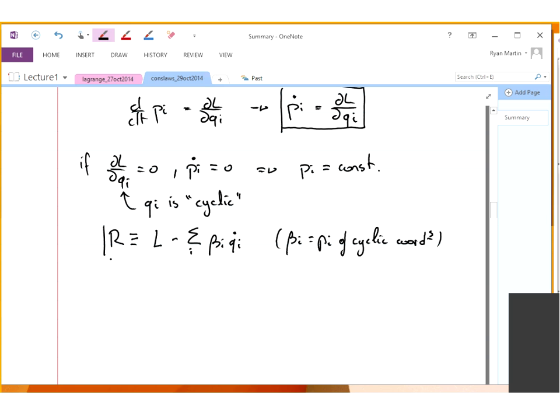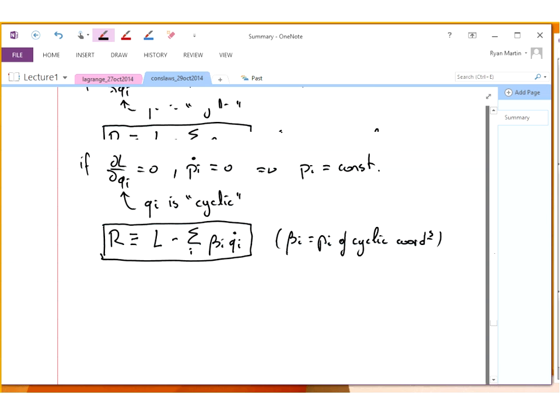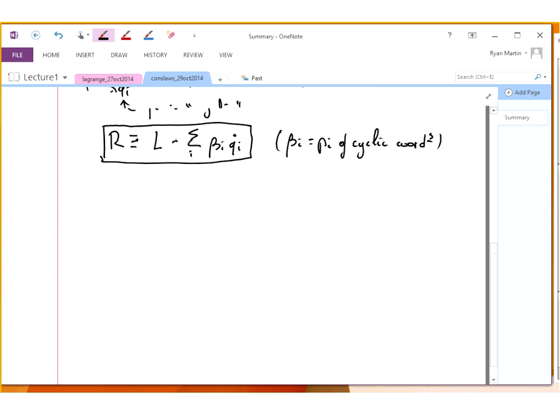So if we introduce the Routhian, we found that the equations of motion are greatly simplified. So the Routhian allows us to effectively eliminate all the cyclic coordinates from the problem so that we get two sets of equations of motion.